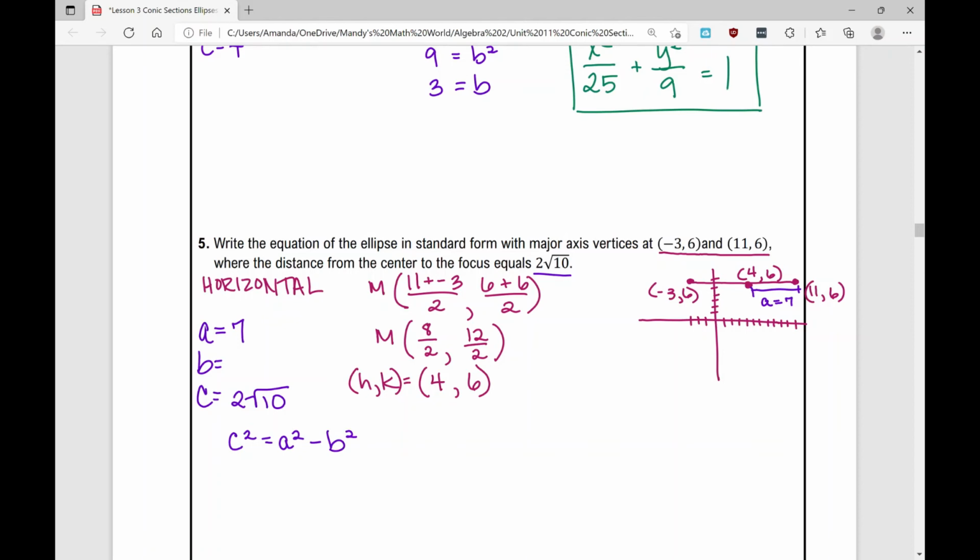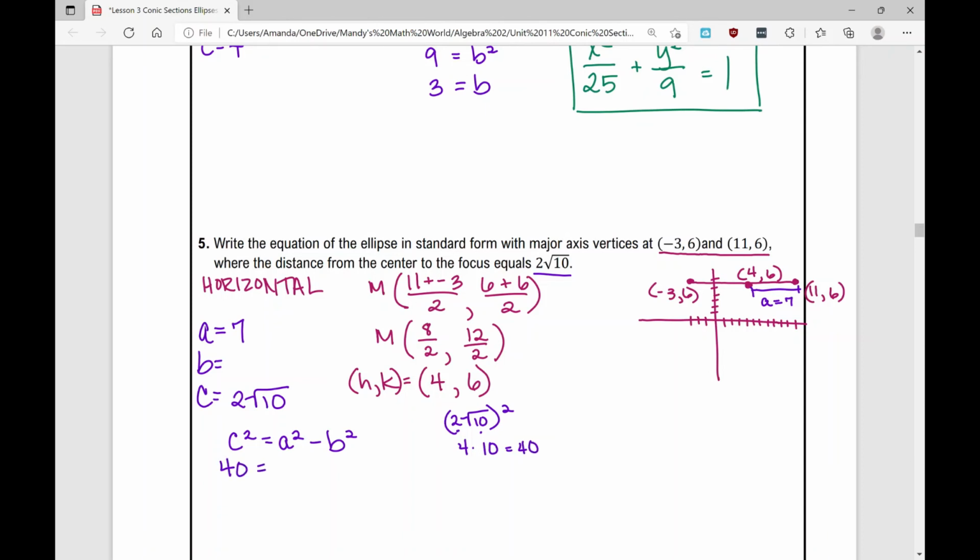So let's plug in these values. 2 root 10 squared: I square the 2, and I square the square root of 10. So I get 4 times 10, which is 40.